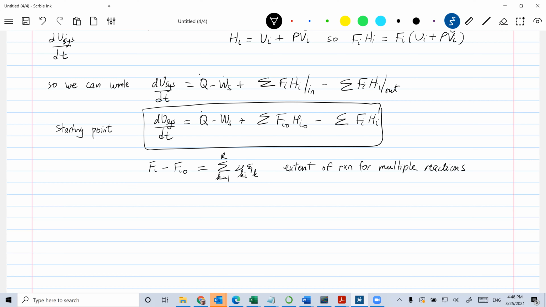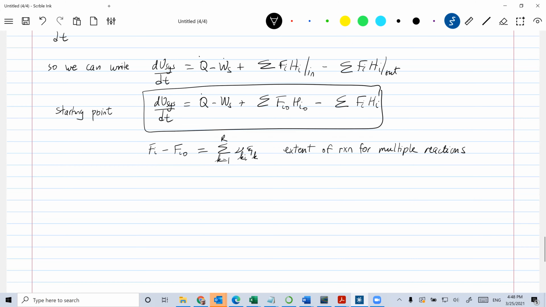So this is your definition for multiple reactions, meaning if you have reaction k, in reaction k you have species i, and then the extent of reaction for reaction k. So if you have one reaction, it's Fi minus Fi naught equals mu i times the extent of reaction, eta 1. So this is your extent of reaction from basically chapter 1 or 2.